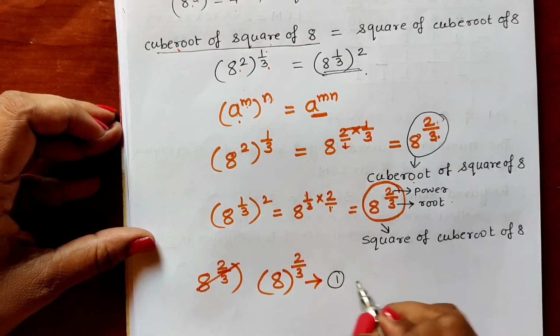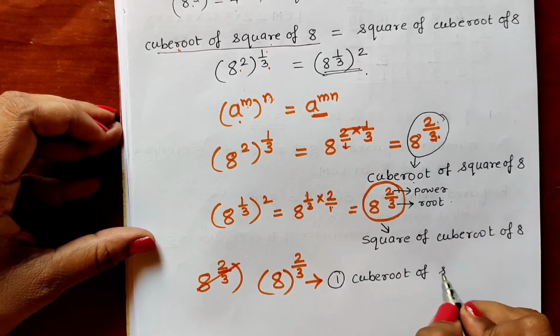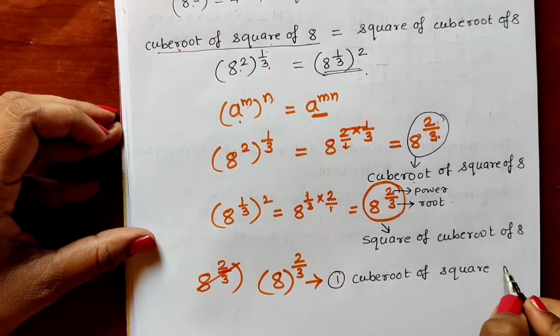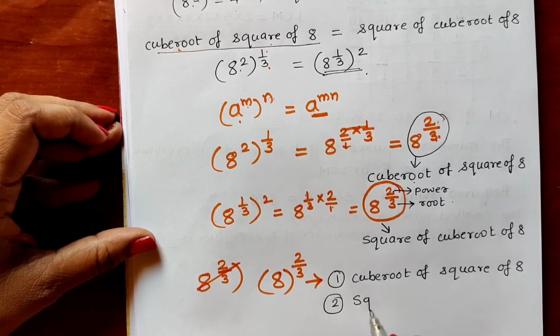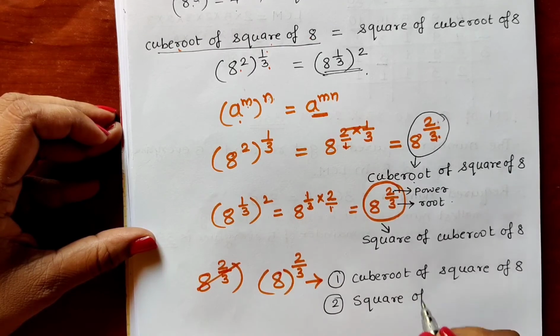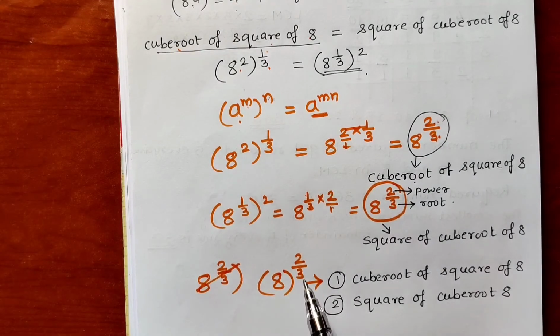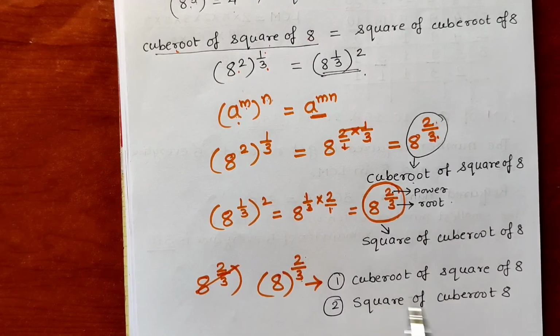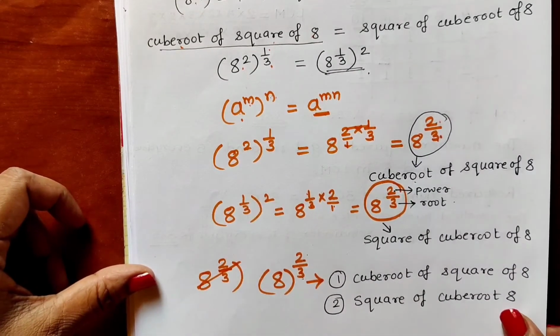We can write it as cube root of square of 8, or we can write it as square of cube root of 8. Either we write power first and root afterwards, or we write root first and power afterwards. So the same number can be written by using these two different methods. We will see one more example for better understanding.